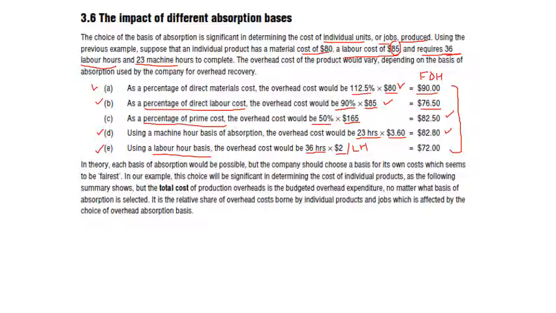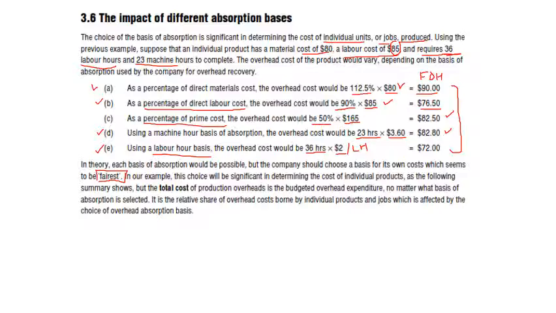So in theory, each basis of apportionment would be possible, but we have to choose the best guess, which is nearest to our actual FH. That's why they call it fairest. Fairest means the best guess and the one most near to our actual FH.